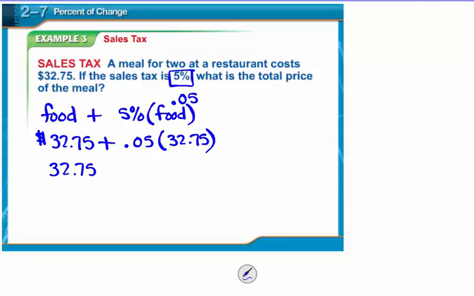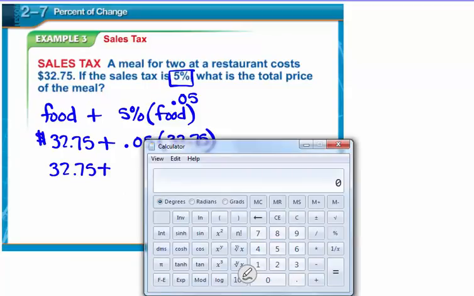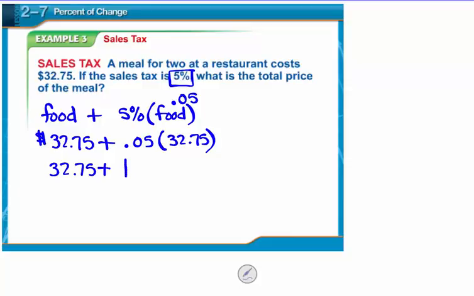So I have $32.75 plus... I'm pulling up a calculator here. $1.6375. All right.